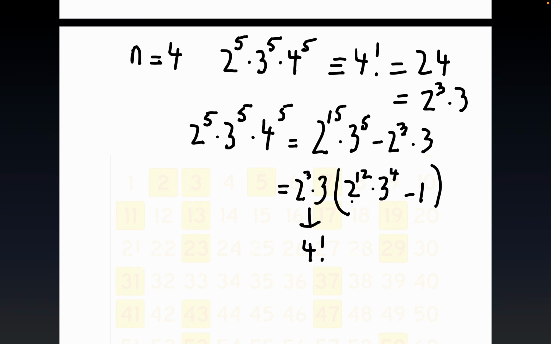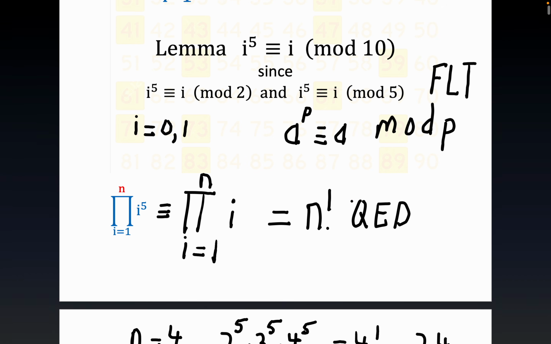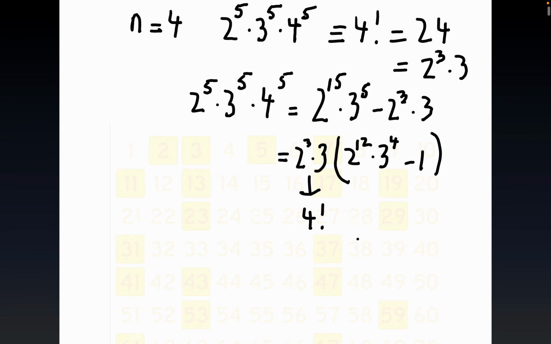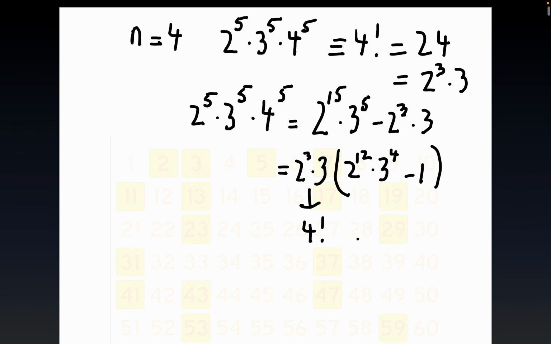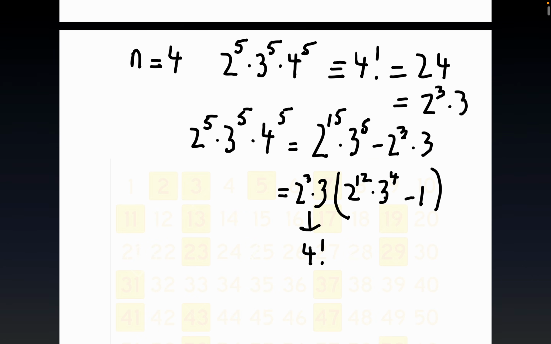We have to know the last digit of this. So it's not quite as easy as I was saying. We're trying to show that it's a multiple of 10. And what I'm showing you here is not quite as clear. So yeah, it's not as easy a computation as I thought.